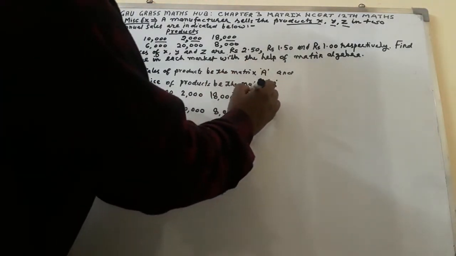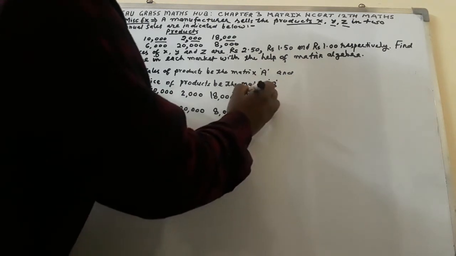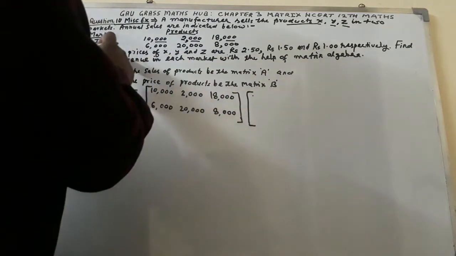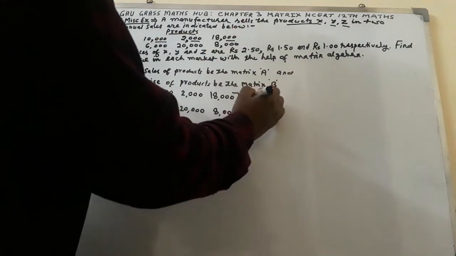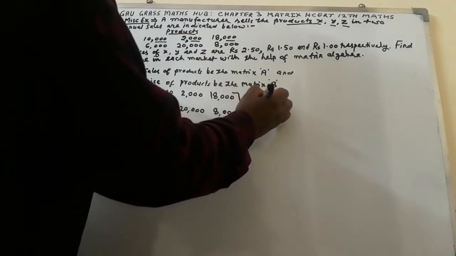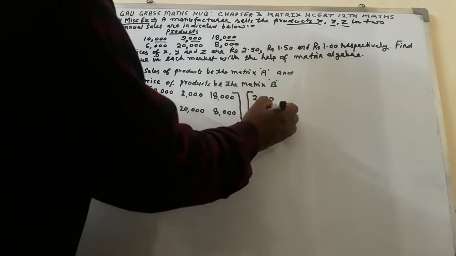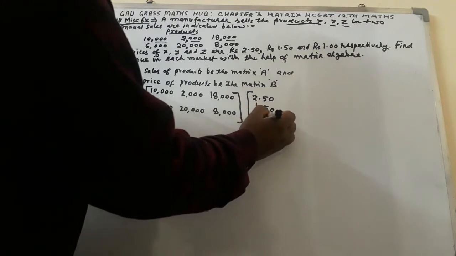Matrix B I shall write here: the unit sale prices respectively, 2.50, 1.50, 1.00.